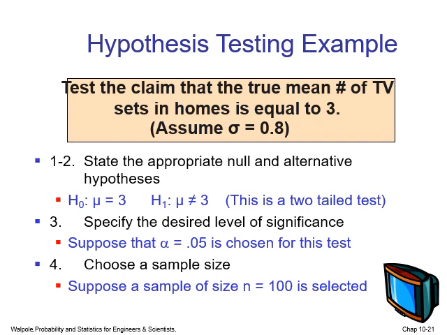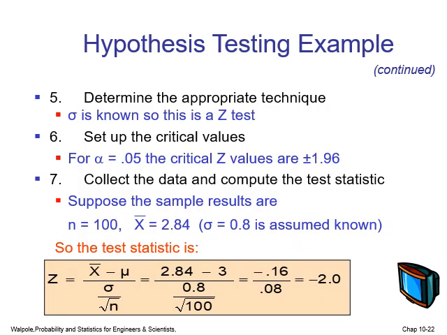So first, we need to specify the desired level of significance. Suppose that a level of significance equal to 0.05 is chosen for this test, and we need to choose a sample size. Here we choose a size of n equals 100. After that we determine the appropriate technique.